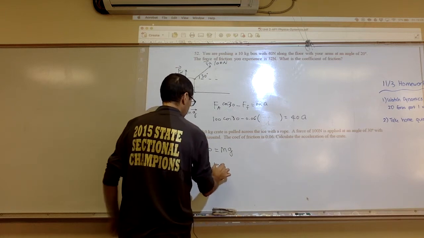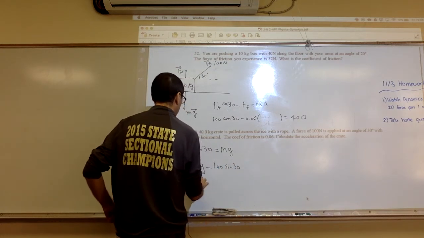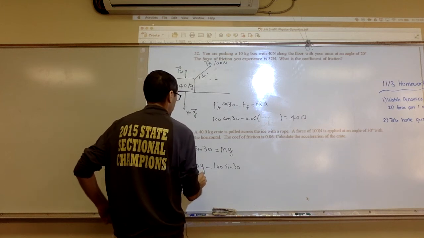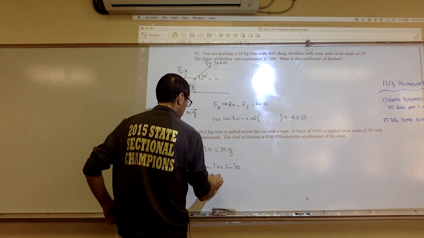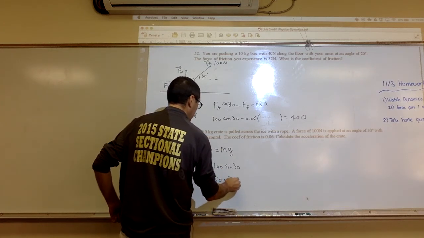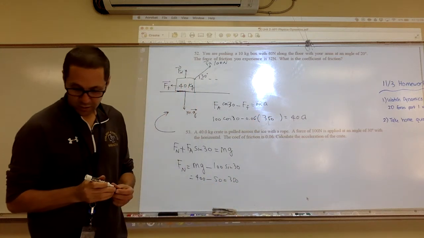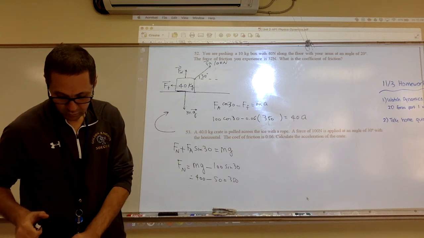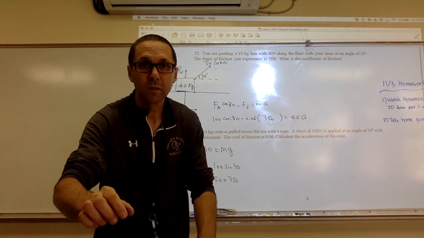So it's 100 sine of 30. So this should be 400 minus 100 sine 30. That should be just 50. So this is 350. Put that in here. And you should get an acceleration equal to 1.64. Yep, that's what it is.